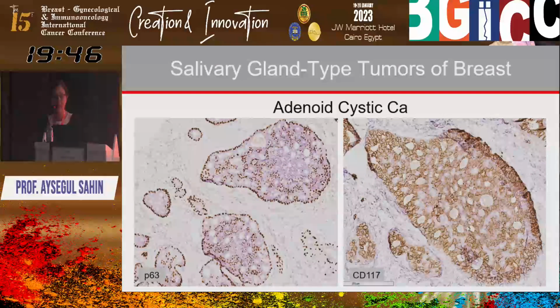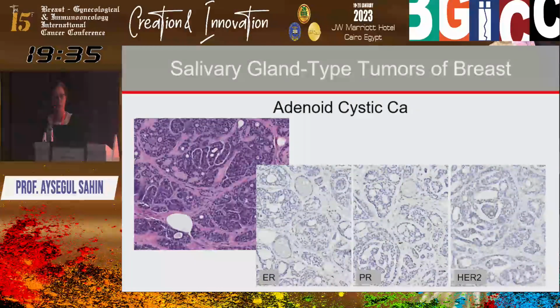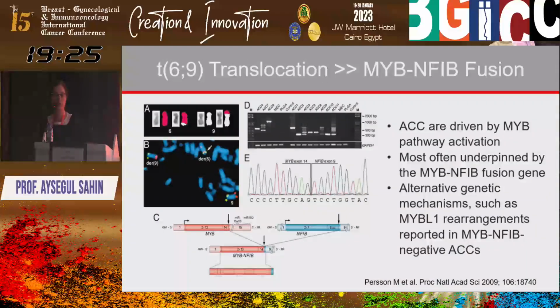And just like anywhere else, these adenoid cystic carcinomas in the breast are CD117 positive, and they are also positive for P63. And even with low-grade tumors, they are ER/PR and HER2 negative. So they are part of the triple-negative breast carcinomas.